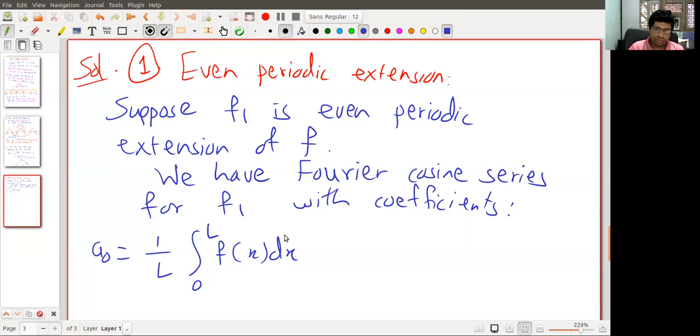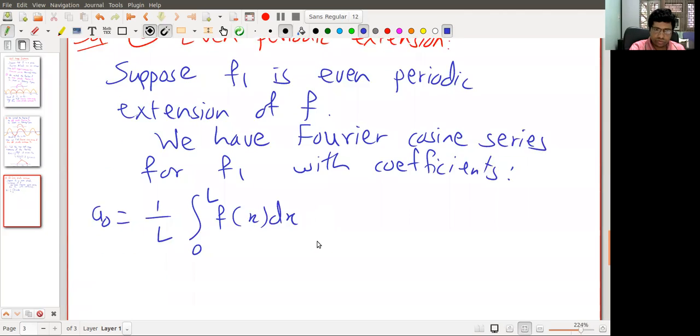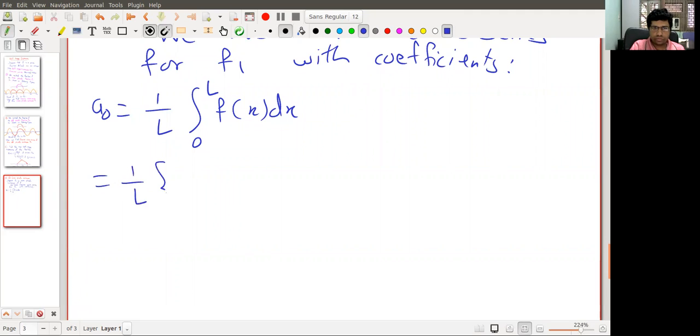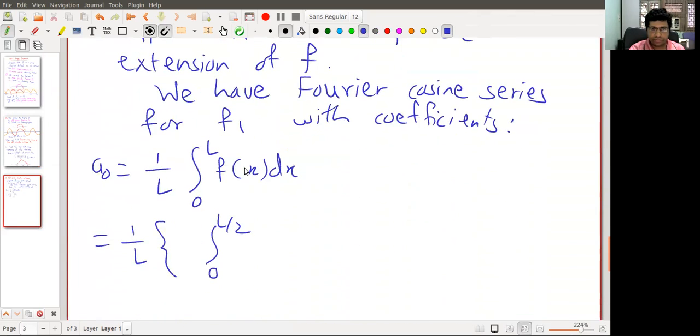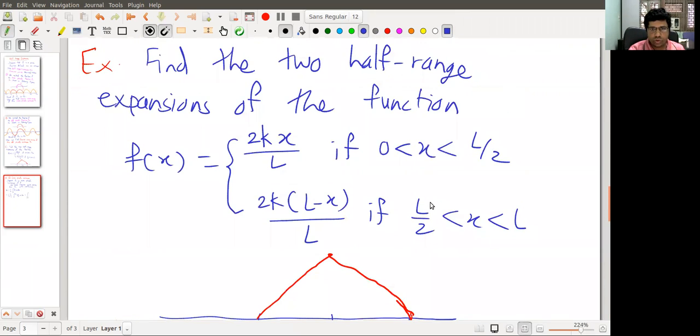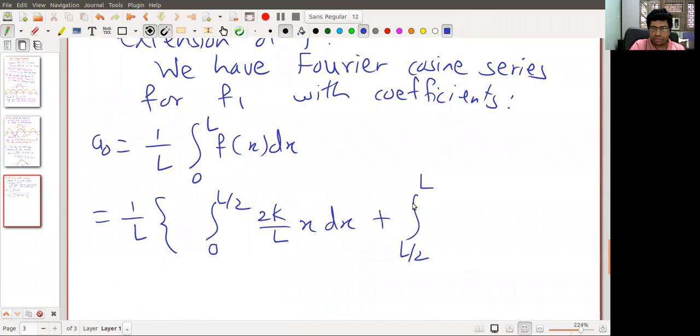Now we have two different values, so we can write this integral from 0 to L by 2 plus L by 2 to L. This is equal to 1 upon L into integral 0 to L by 2, the value of the function is 2kx by L, where 2k by L is constant, x dx, plus integral from L by 2 to L, where the second value is 2k by L into (L minus x) dx.